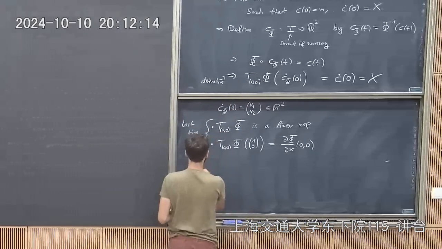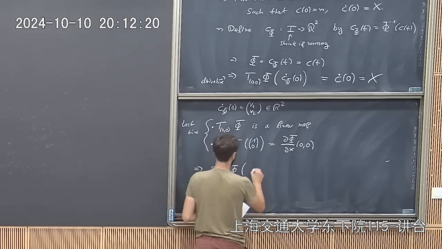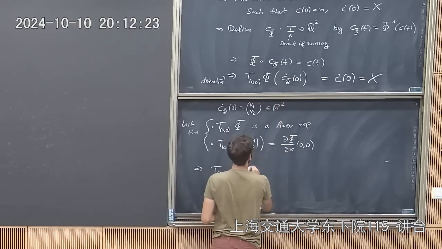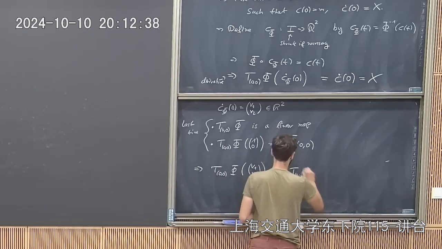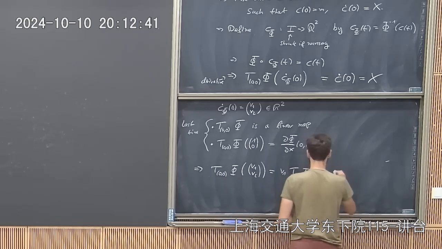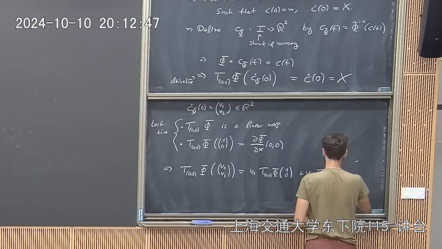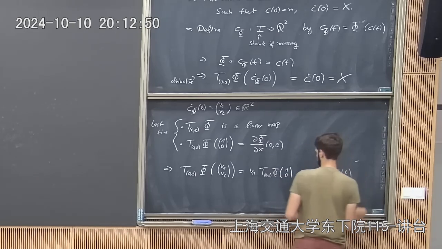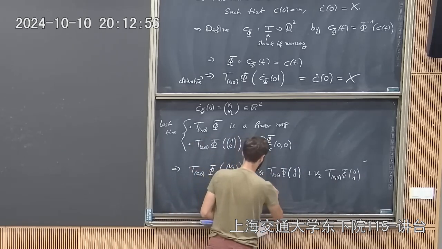So what happens is that you have the derivative of phi at 0 applied to v1 and v2. And now we use linearity, which means that we can pull out v1 and v2 in front of these vectors. And now we use the second property that we know what this one is.